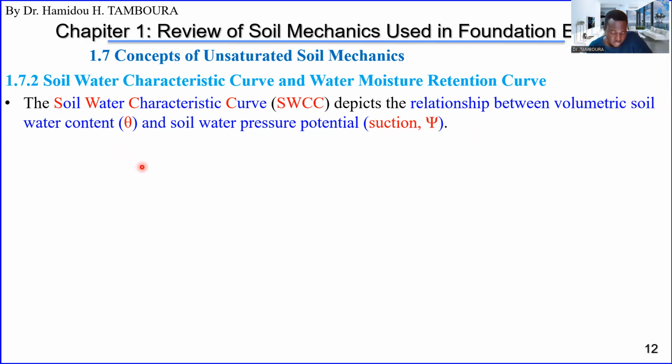So volumetric soil water content, what is the meaning of that? Do you remember the water content? Normally, if we say water content, we use the weight of water and the weight of soil to calculate it.